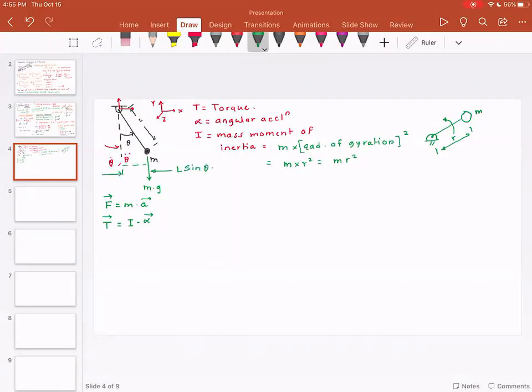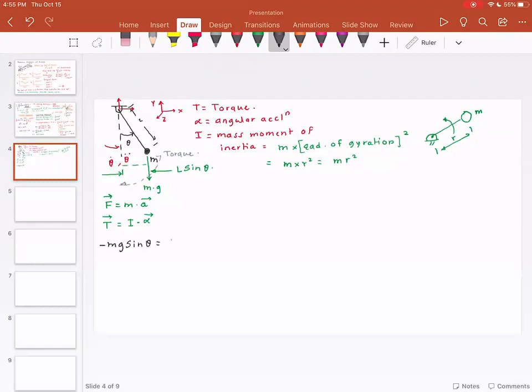And this torque is in the clockwise direction. When you curl your fingers in the direction of the torque, your thumb is going inside the board, which means this torque is negative. So you're going to have minus mg sine theta as the torque.